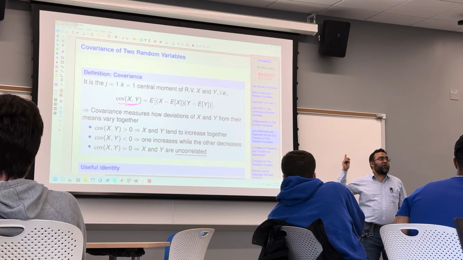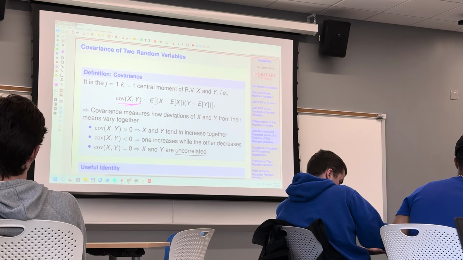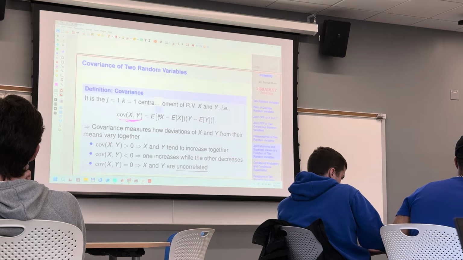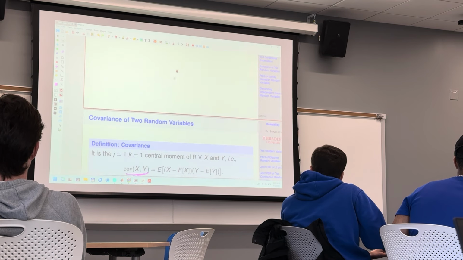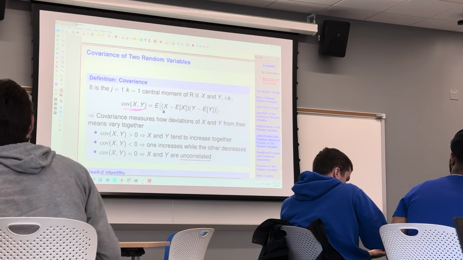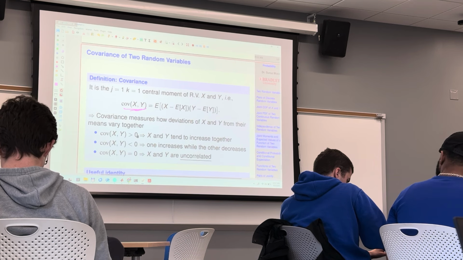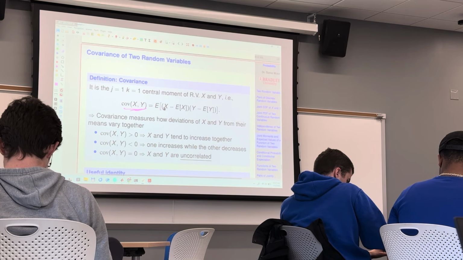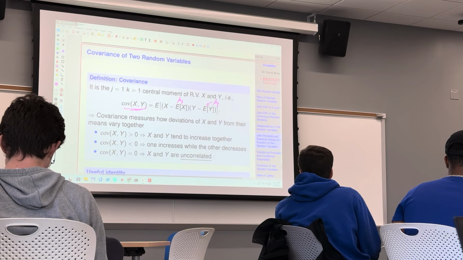And it is actually coming from the equation of central moment. Here, you just substitute j equals 1, k equals 1, you get the covariance. So this definition becomes what we call covariance. So the covariance of two random variables, you have expectation, this is mu sub x, this is mu sub y, so you get the covariance.